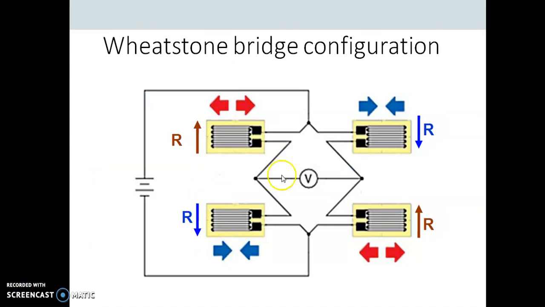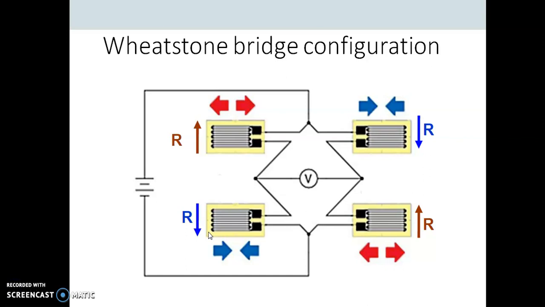Now these four strain gauges are wired into the Wheatstone bridge circuit with the axial gauges in the first and third segments of the Wheatstone bridge circuit. Similarly, the transverse gauges or the horizontal strain gauges are connected in the second and fourth arms of the Wheatstone bridge circuit.